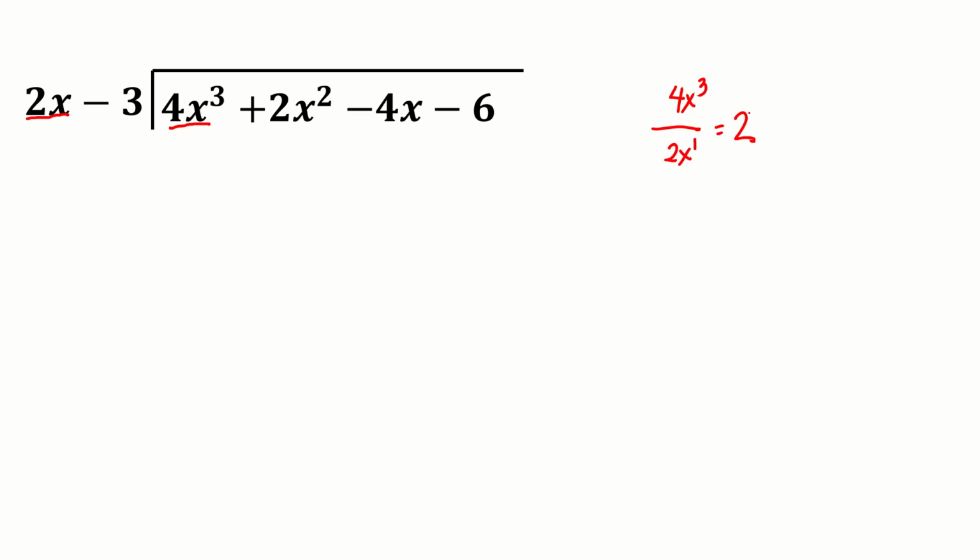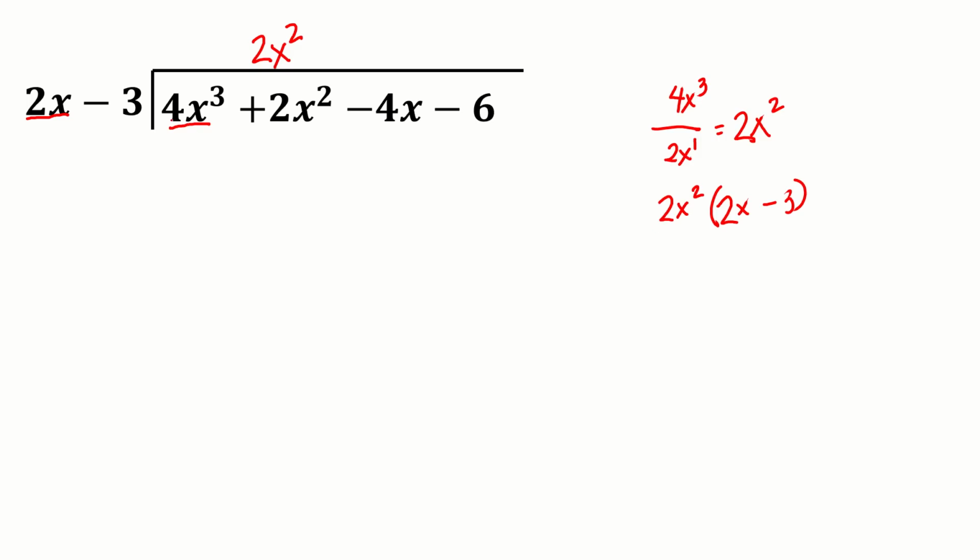Ito ay may 1, 3 minus 1. So, x squared. So, ang susunod natin sagot sa taas ay 2x squared. Then, si 2x squared, imo-multiply kay divisor na 2x minus 3.